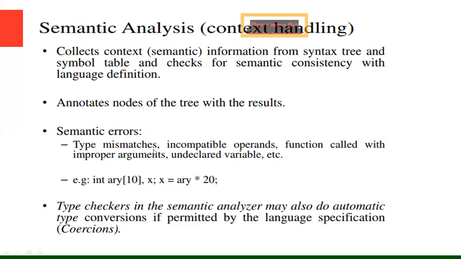What are type mismatches? For example, we write a program with include stdio.h, int a equals 10, b equals 20. So we take integers a equals 10 and b equals 20. Then float c equals a plus b, that is int plus int.